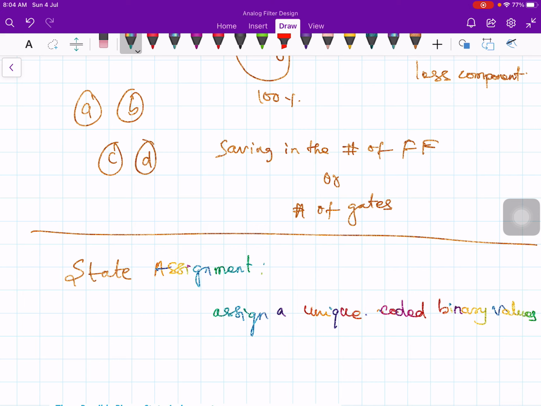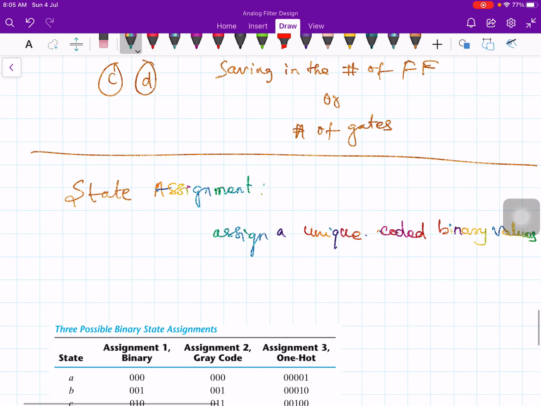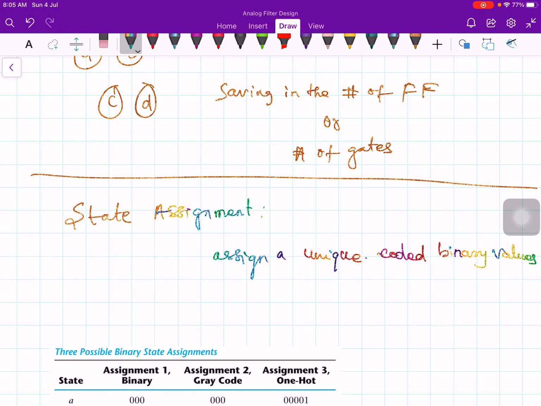Till now we used notations A, B, C, D, but with that we can't design a circuit. Your hardware works with ones and zeros. I can't tell the flip-flop or any other circuit about A, B, C, D. So we need to assign certain binary values.